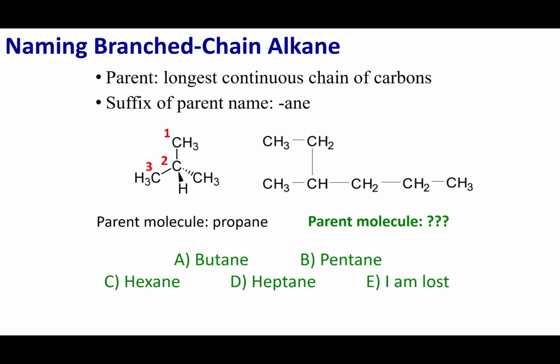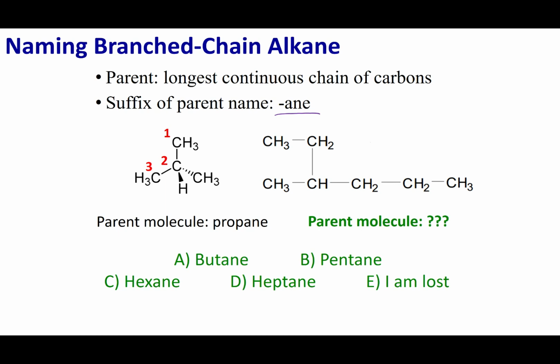So let's take a look at the rules for naming an alkane. Remember, an alkane is just made out of hydrogens and carbons. If that's the case, the parent molecule is going to be the longest chain of carbons, and that means the longest continuous chain of carbons. Once you identify that longest chain, you count the carbons, use the appropriate prefix for that count, and then stick "ane" on the end.